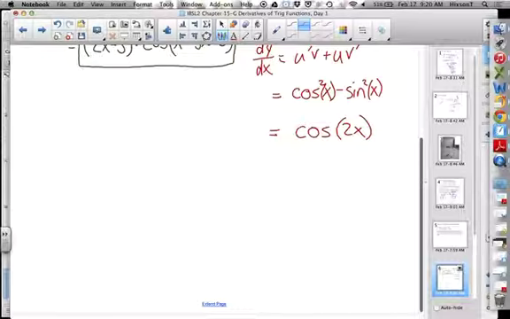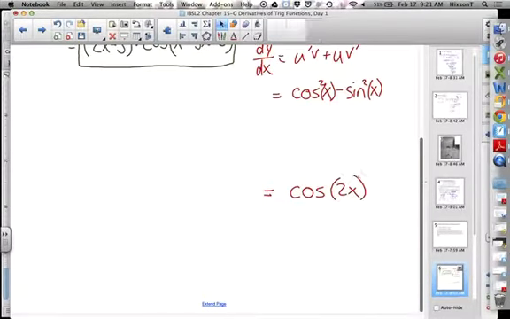If you remember it, nice thing is it is in your formula booklet for IB. So that does work. Another thing you could have done, using that sine squared plus cosine squared equals 1, you could have plugged in a 1 minus sine squared for cosine squared, or plug in a 1 minus cosine squared for the sine squared.